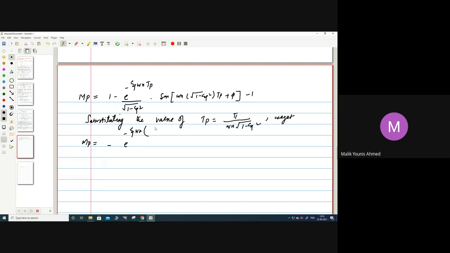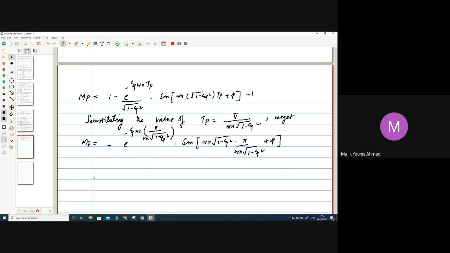Instead of the t, we'll be writing pi divided by omega n under root of 1 minus xi square, then multiplied by sine of omega n into Tp, which is pi divided by omega n under root of 1 minus xi square, plus phi.